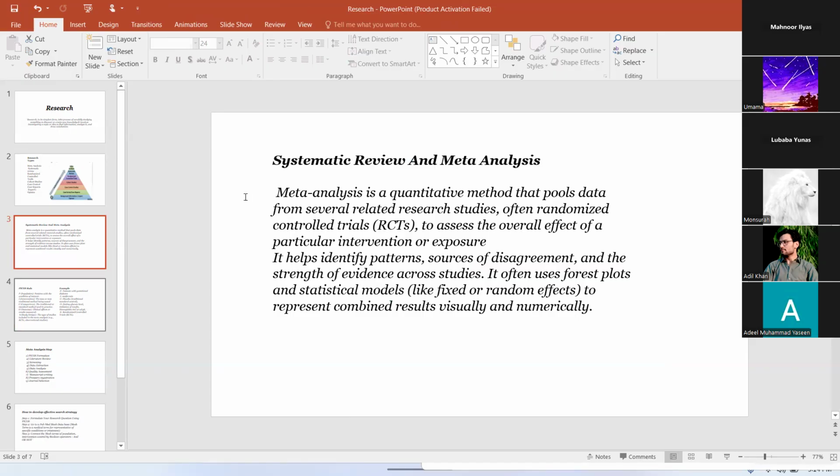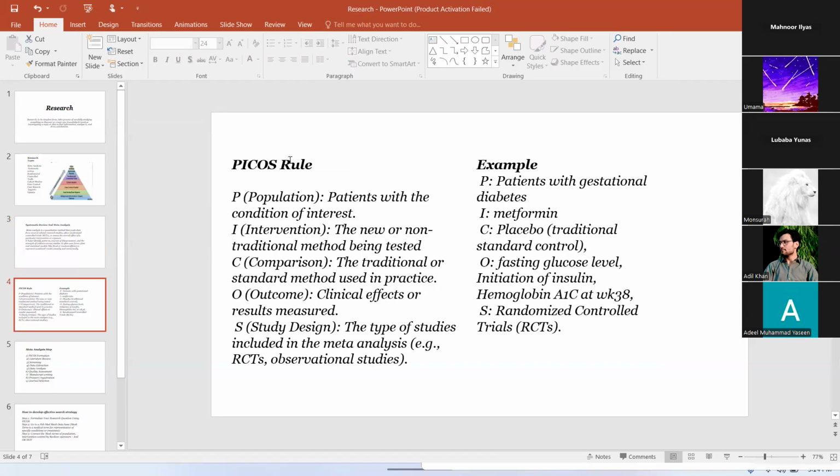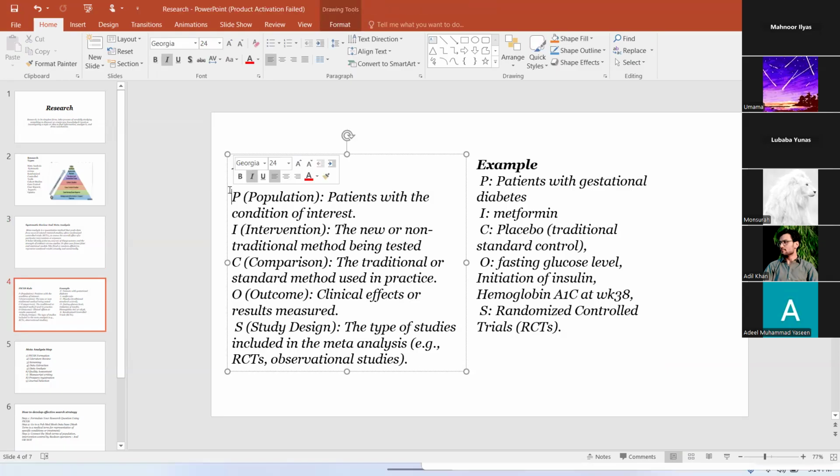Now, coming toward one of the most important rules in performing a meta-analysis. In meta-analysis, we have to understand what PICOS is. So basically, as I told you before, we perform metas on certain drugs, therapies, or diseases. Most metas are on drugs or surgical interventions.